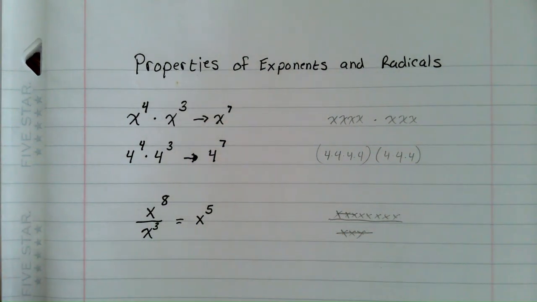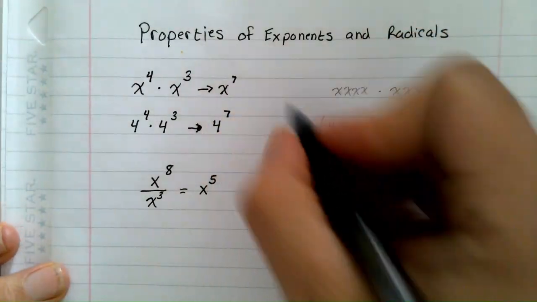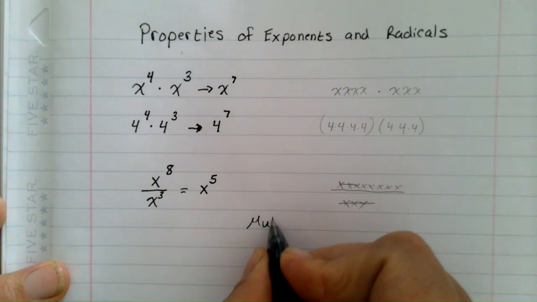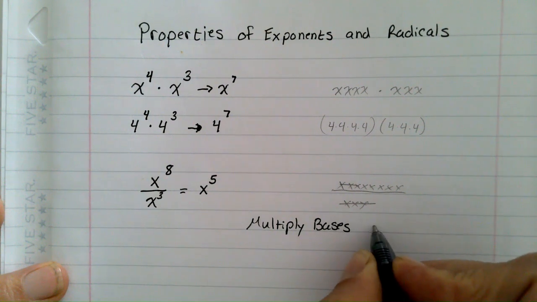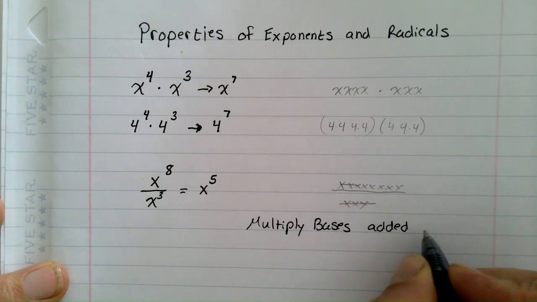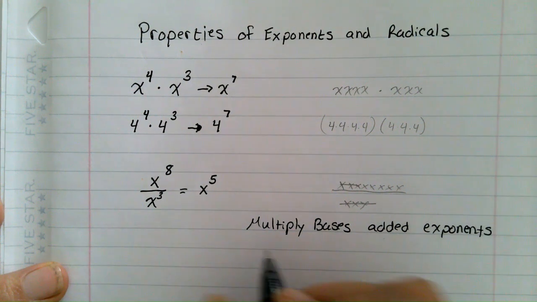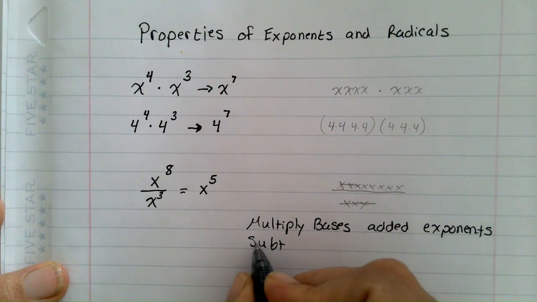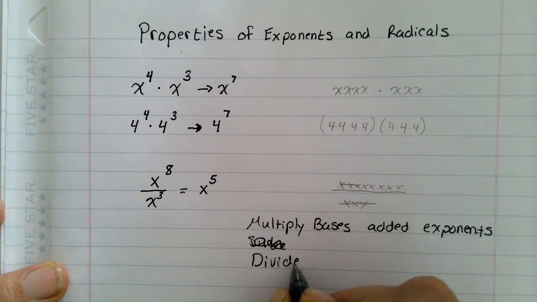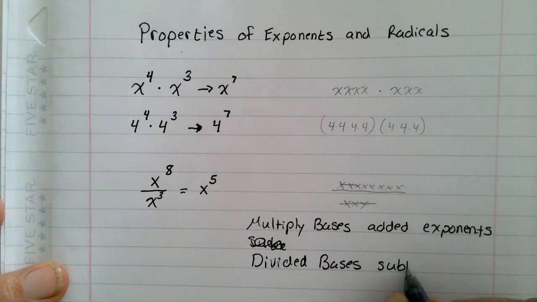So it equals x to the 5th. Okay, so here, when we multiplied bases, we added the exponents. And when we divided bases, we subtracted the exponents.